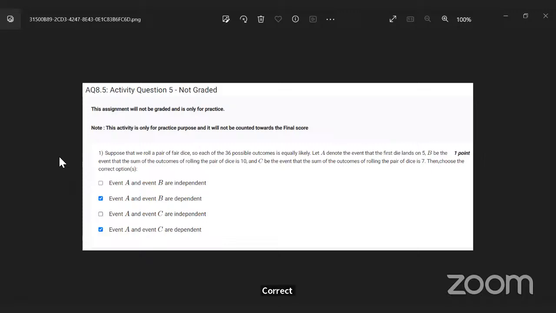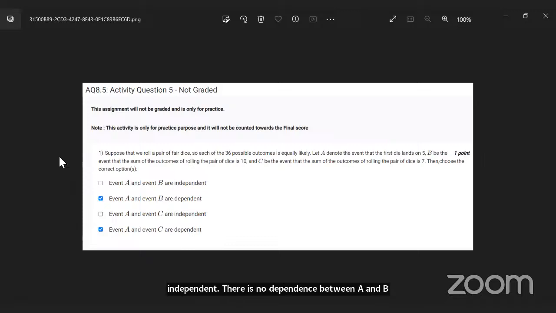Because the first die has already landed on 5, and between A and B we want the total of 10. B is dependent on A, right, ma'am? Is that correct or not? See, in a normal scenario, they're independent, ma'am. There is no dependency between A and B.